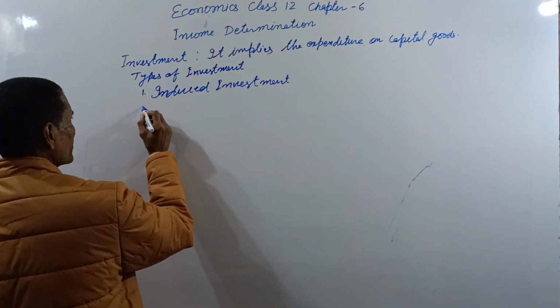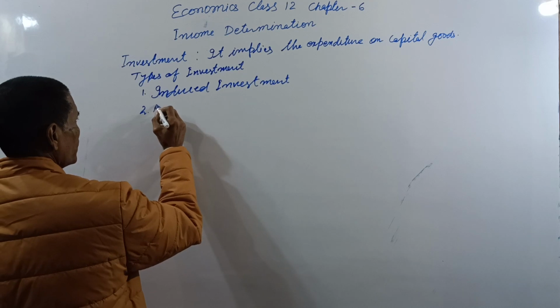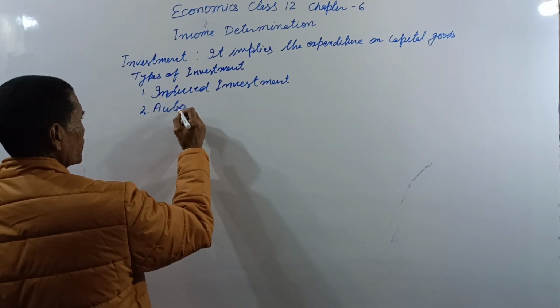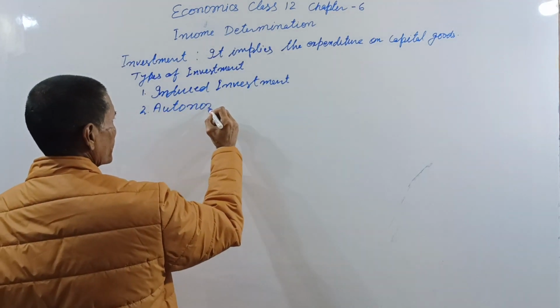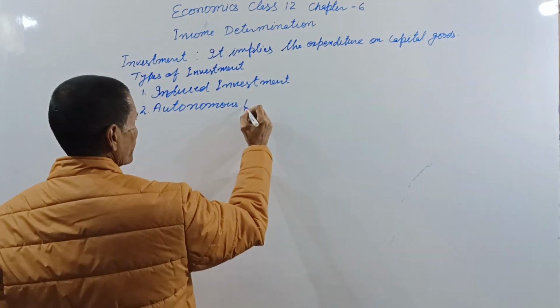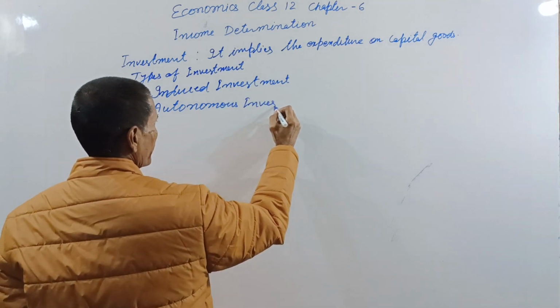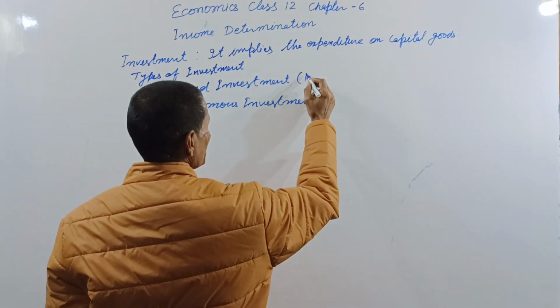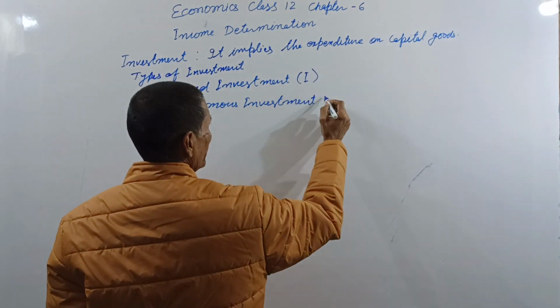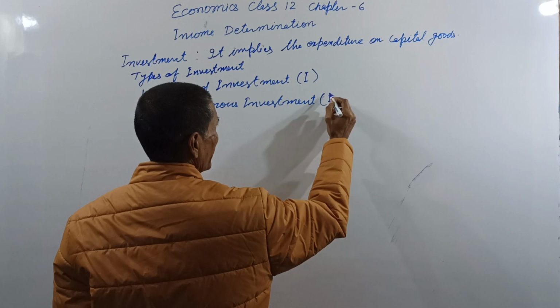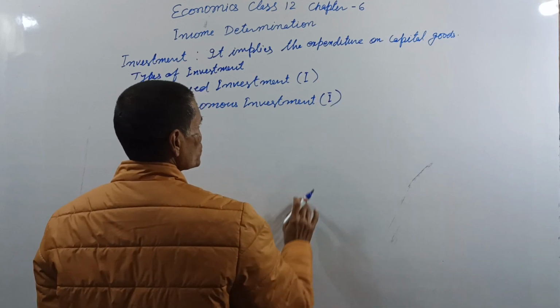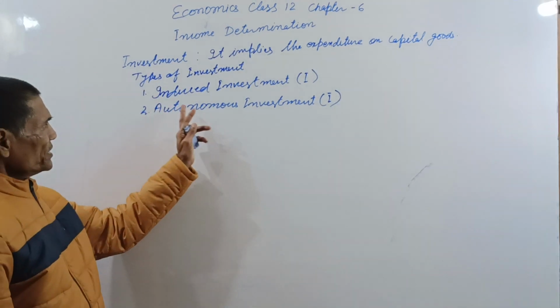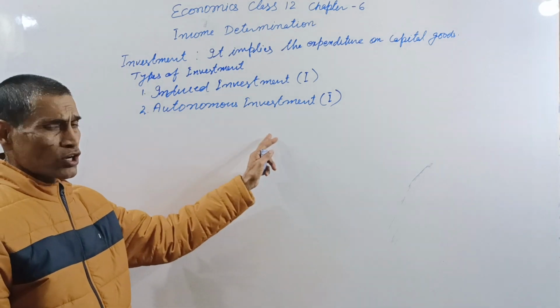And second one is autonomous investment. This is represented by I and this is represented by I dash. So, induced investment and autonomous investment.